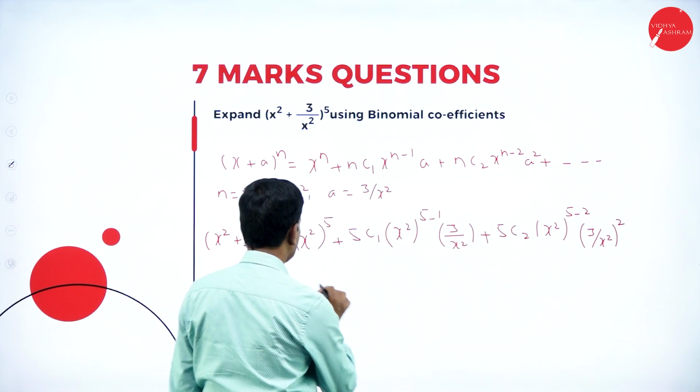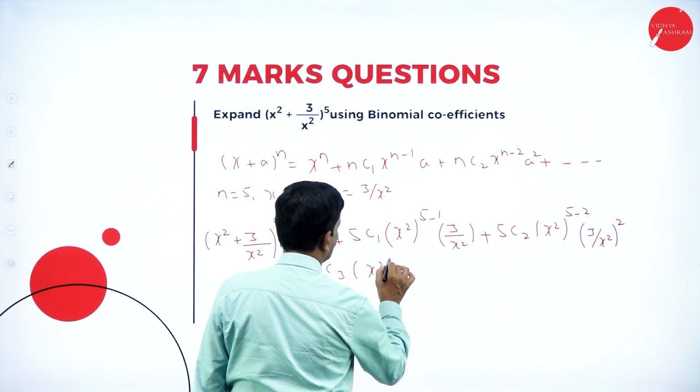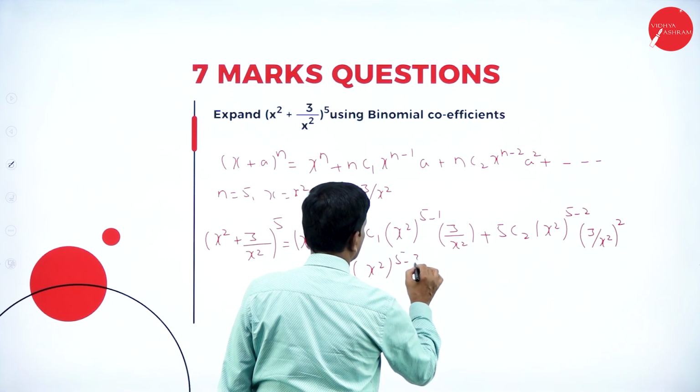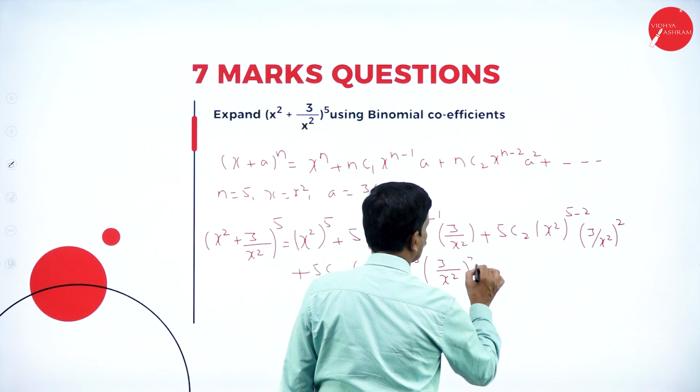The next term is after 5C2 it is 5C3, then x square whole to the power of 5 minus 3 into a cube, that is 3 by x square whole cube.